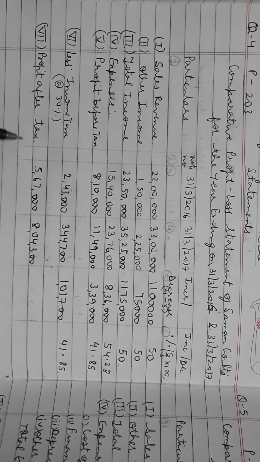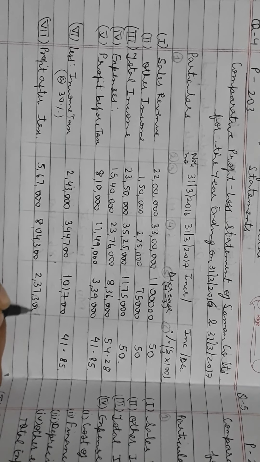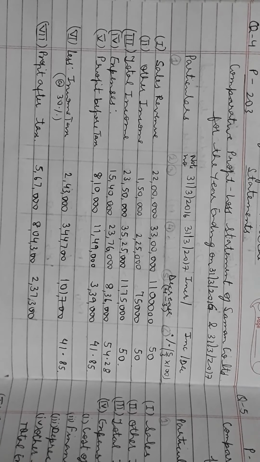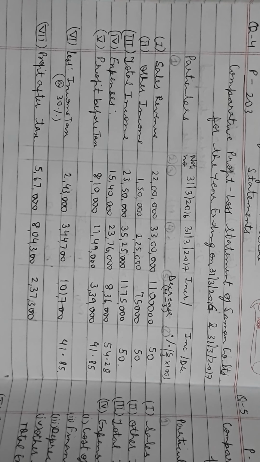Now profit after tax, we have calculated 8,04,300 minus 5,67,000, that is 2,37,300. Percentage of this, 2,37,300 divided by 5,67,000 into 100.